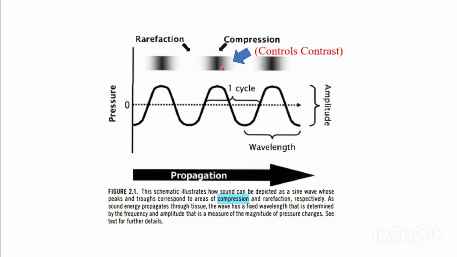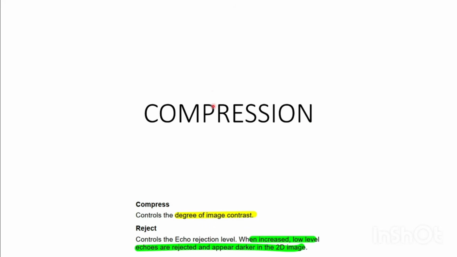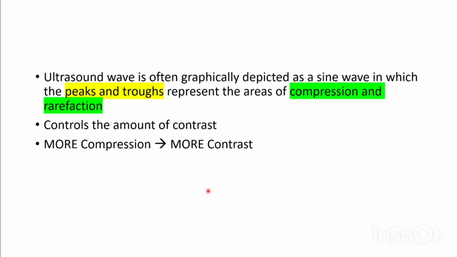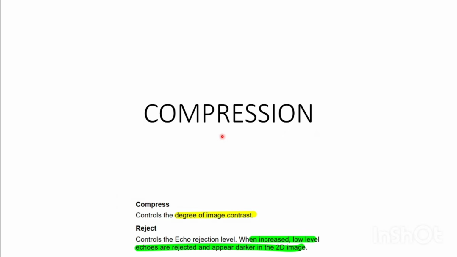So the more you compress, the more gray shades will come together, and therefore this compression value will affect the contrast. So if there is a knob for compression, you can change the setting. If you increase the compression, the more the compression, the more the contrast. That is how compression works.